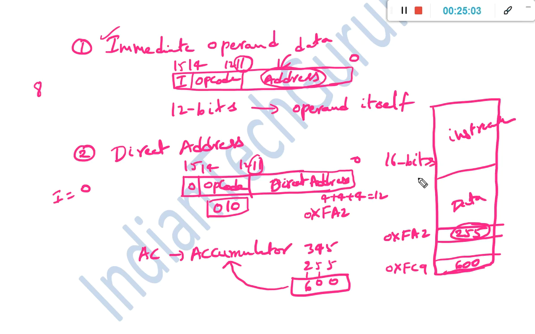Address from 0 to 11, operation code from 12 to 14, and indirect address mode I. So if I is equal to 0, then it represents the direct address. Direct address means we are going to fetch the data from the main memory, and accordingly we are going to perform the operation.